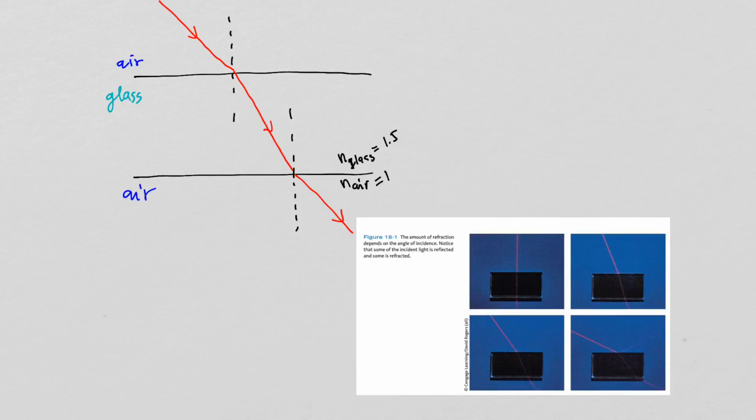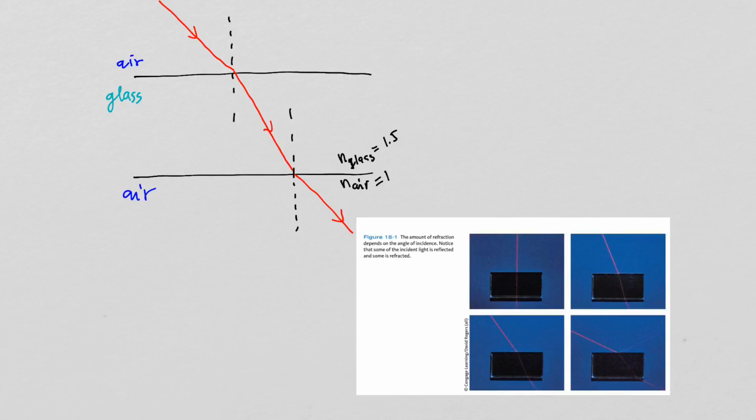But now you can also see how the light exiting the glass plate, the ray here is parallel to the incident ray, except it is shifted a little bit. And as I increase the angle of incidence even more, then it's even more obvious that the light bends towards the normal inside the glass, and then when it exits the glass, the 2 rays are parallel to each other.